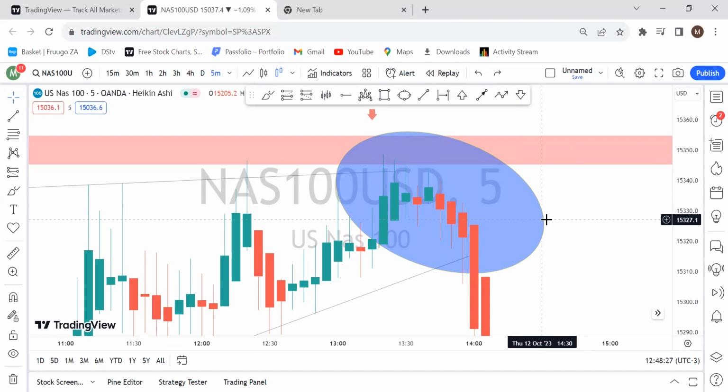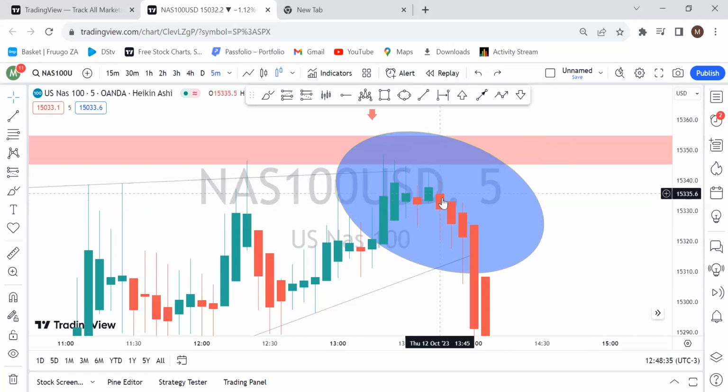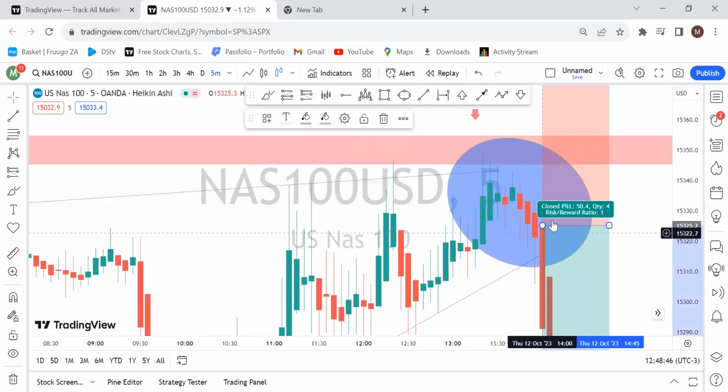But in higher time frames like 15 minutes, 30 minutes, an hour, 2 candlesticks are enough. So in this case, we had 1, 2, 3. And at the opening of the 4th candlestick, we execute. So we execute at the opening of this one.